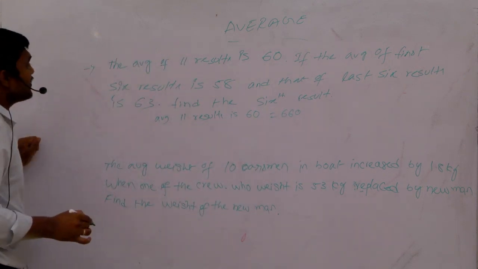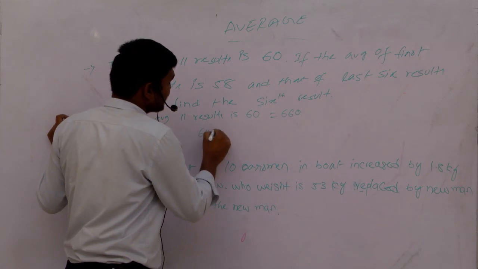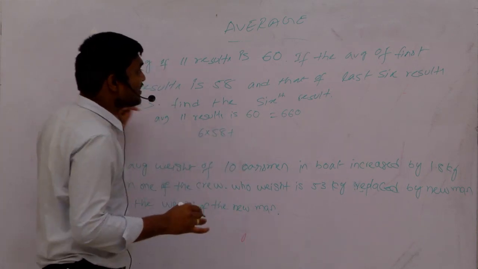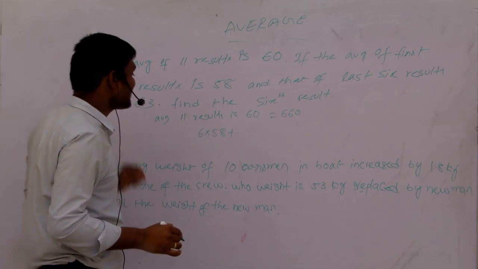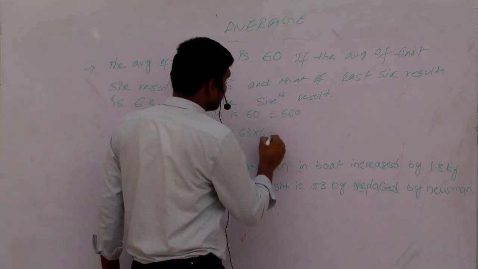The average of the first 6 results is 58, so that is 6 into 58, plus, the average of the last 6 results is 63, so that's why 63 into 6.